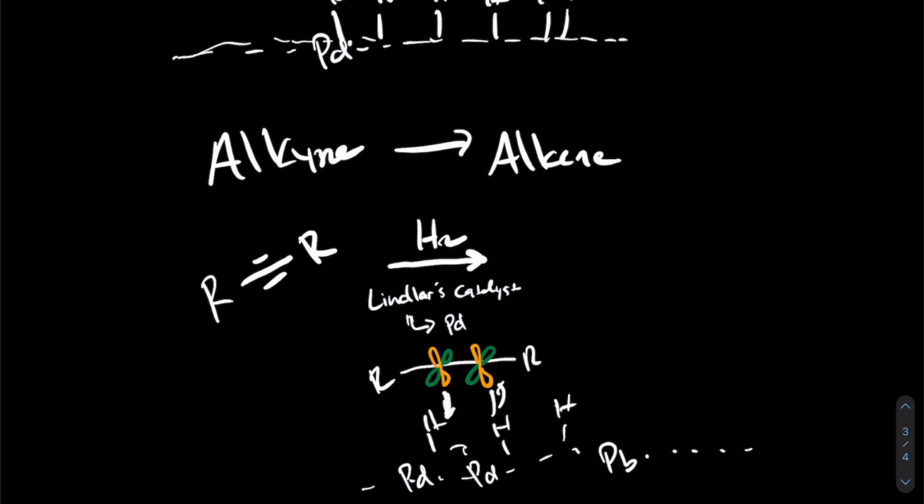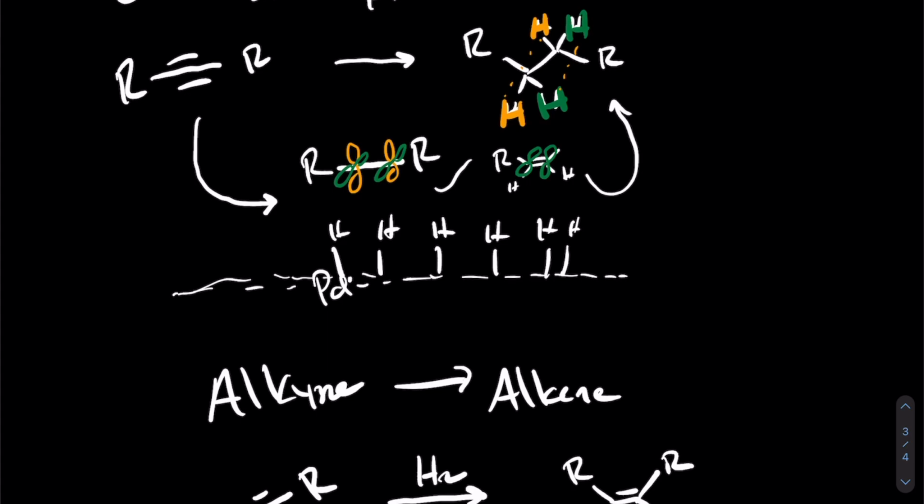And these concerted looking reactions where everything gets added all at once have a tendency to form syn additions, adding to the same face, which means Lindlar's catalyst always gives you a cis alkene. Because it's always going to add the hydrogens to the same face.